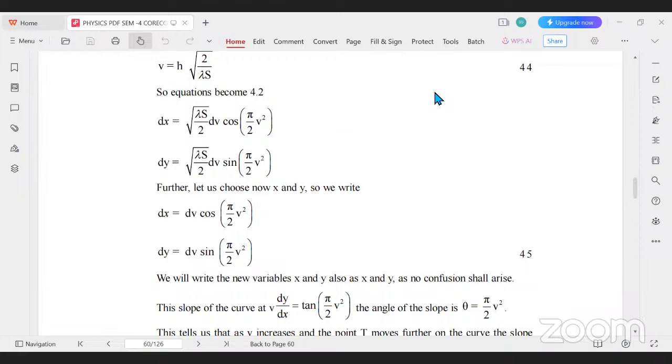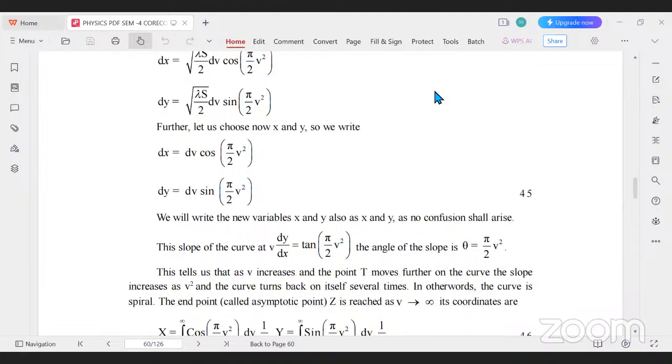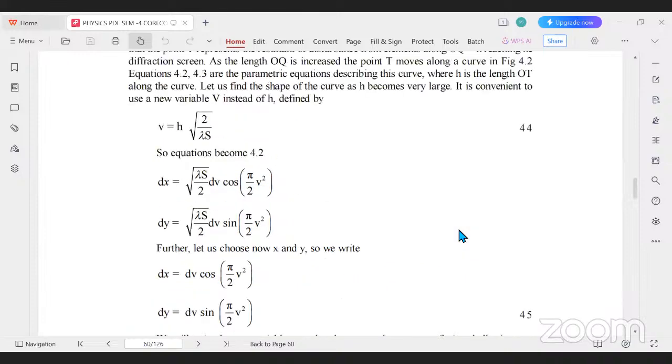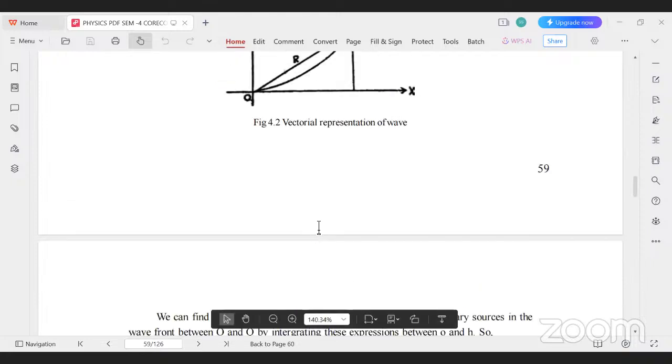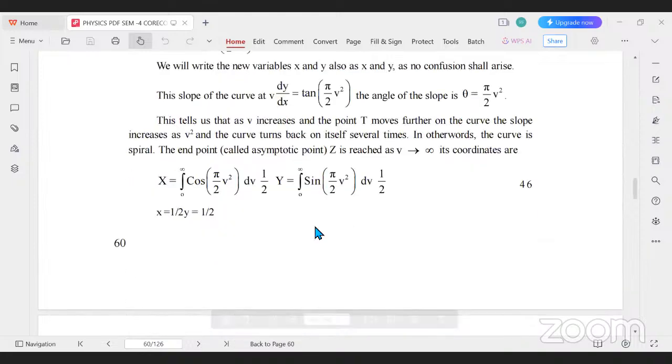We will write these new variables x and y also as x and y, so no confusion shall arise. The slope of the curve, dy by dx, is equal to tan of π by 2 v squared, which is the angle of the slope. So we are finding the distance and the angle of the slope, and everything can be calculated using this mathematical calculation.